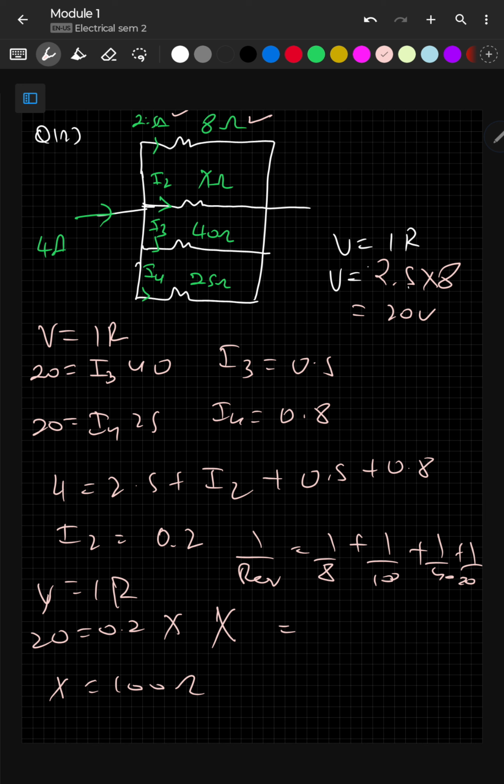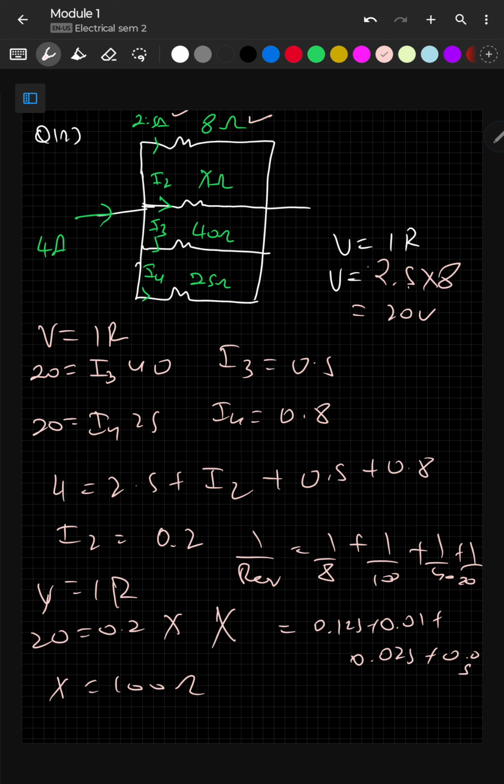1 by 8 is 0.125, 1 by 100 is 0.01, plus 1 by 40 is 0.025, plus 1 by 20 is 0.05.